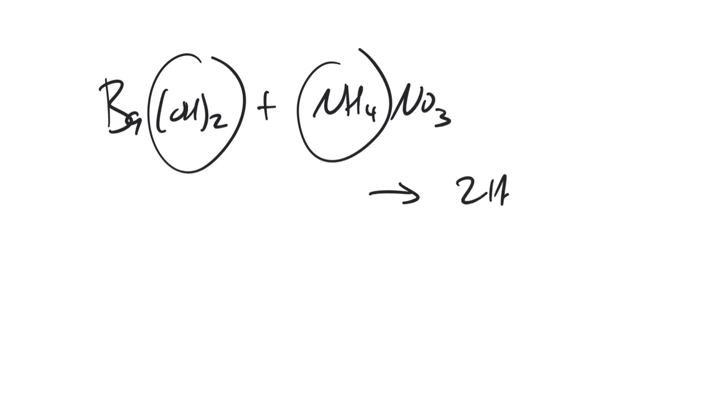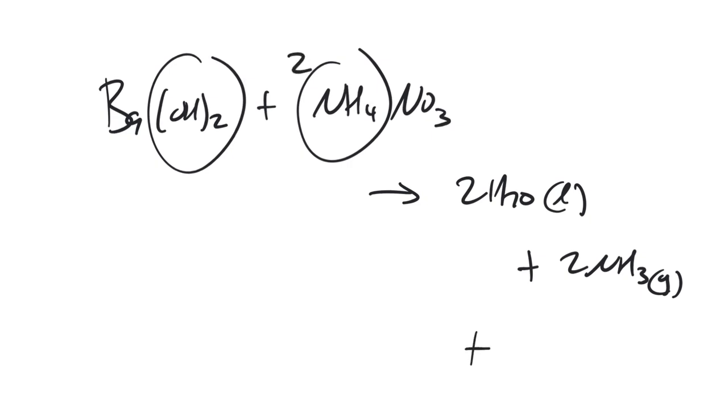So we're forming two water molecules, and then we're forming two ammonia gas molecules that are flying away. That's what I was smelling being given off by the reaction when I said it smelled. And then the byproduct here would be barium nitrate. And so that's the reaction that's taking place.